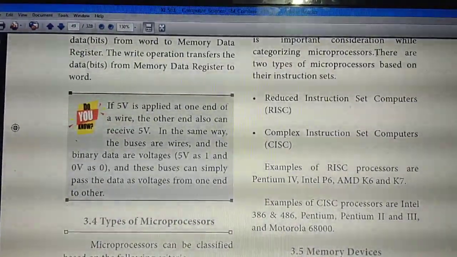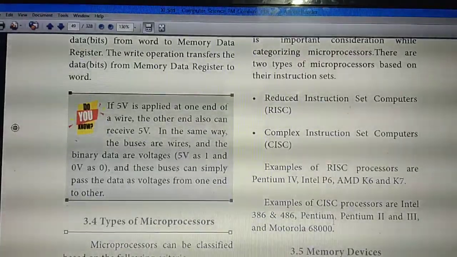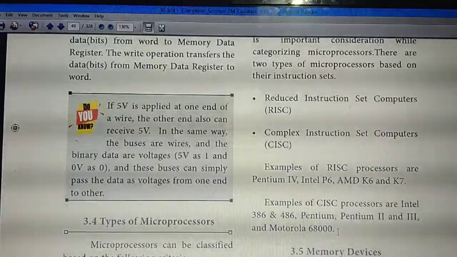There are two types of microprocessor based on their instruction set, from here up to the example you should write. Sometimes they ask this question for 3 marks also. From here up to this example, Motorola 6800.